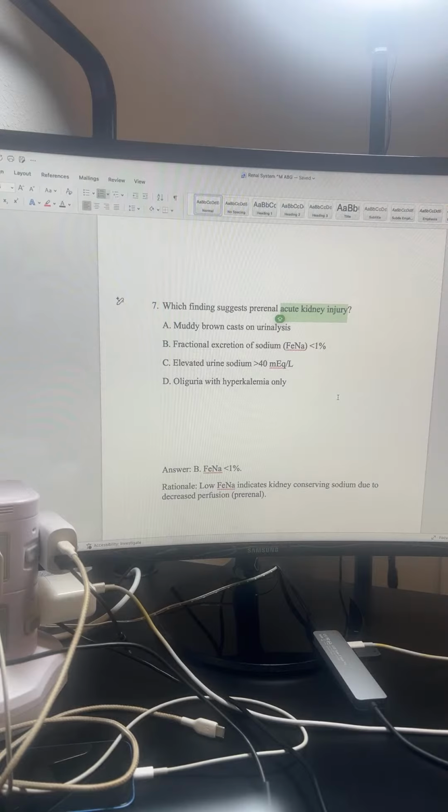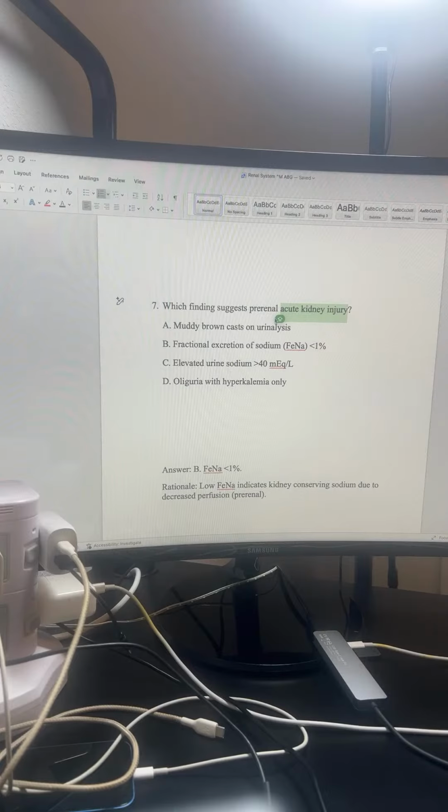So Ruby. Let's look it up. The low fractional excretion of sodium indicates the kidney is conserving sodium due to decreased perfusion, and that's happening in the pre-renal phase. So we need to look at the pre-renal, intra-renal, and post-renal types.